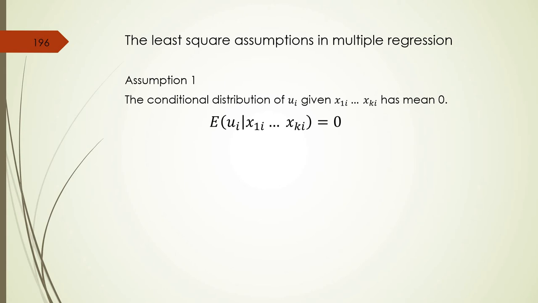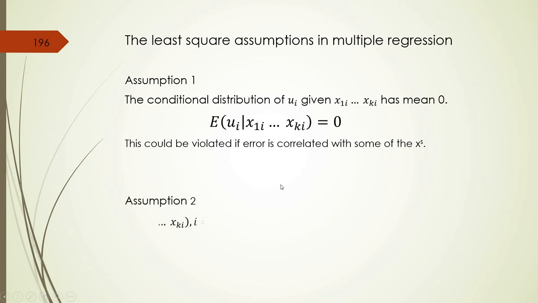The first one is that conditional distribution of ui, of our residuals, for given values of independent variable x, in this case more than one x, needs to have a mean average value of 0. This could be evaluated if errors are correlated with some of the x's. So if you have some omitted variable, then you will have relationship of ui with some of the x's, with some of the independent variables.